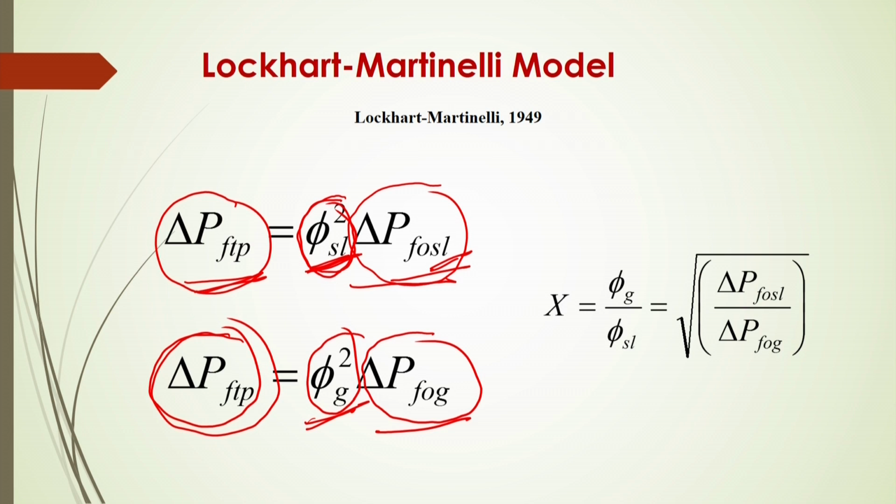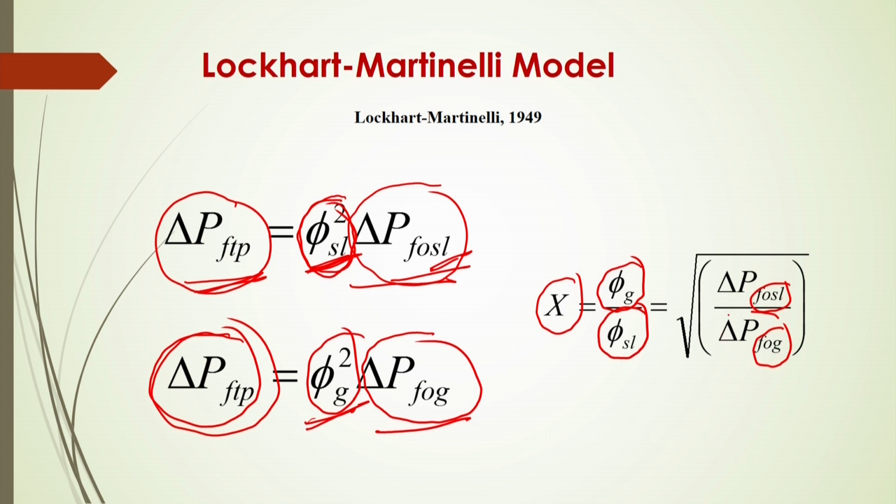Another parameter of the Lockhart-Martinelli model is X. What is this X? X is the multiplier ratio of gas to slurry, equal to the root of delta P FOSL by delta P FOG. So, in this case, it is the frictional pressure drop due to the slurry and due to the gas.